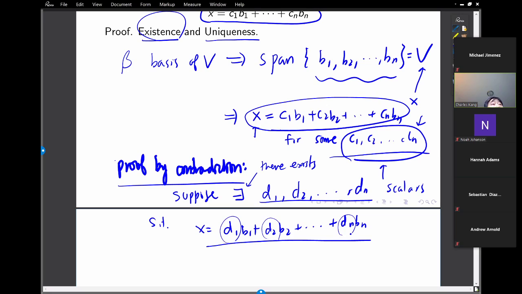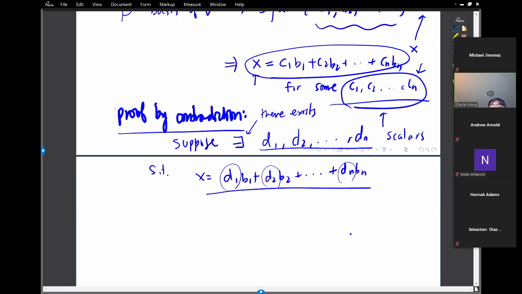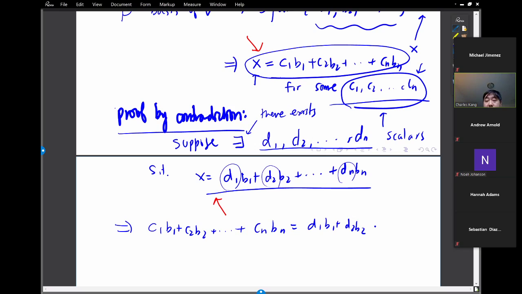Then clearly what must happen? That means x is this, but x is also that. So if I set those two equal to each other, what do we get? c1 v1 + c2 b2 + ... + cn bn must be equal to d1 v1 + d2 b2 + ... + dn bn.